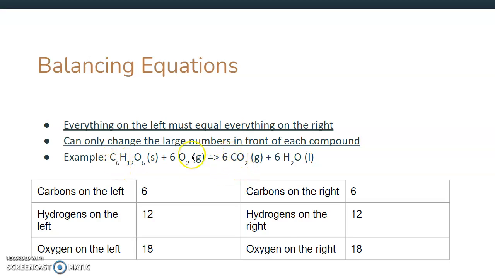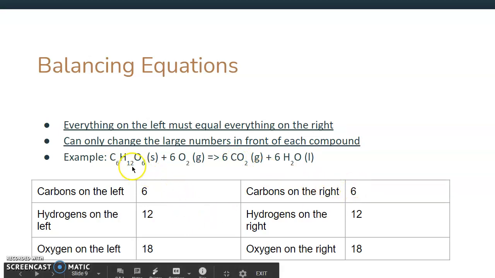When we come over to the right side, the only compound that has carbon in it is right here. Since there is no number below it, we assume it's a 1. So we have to place a large number out in front of it. This large number will multiply by the small ones, meaning that 6 times 1, because there's no number here, we assume 1, is 6 as well.